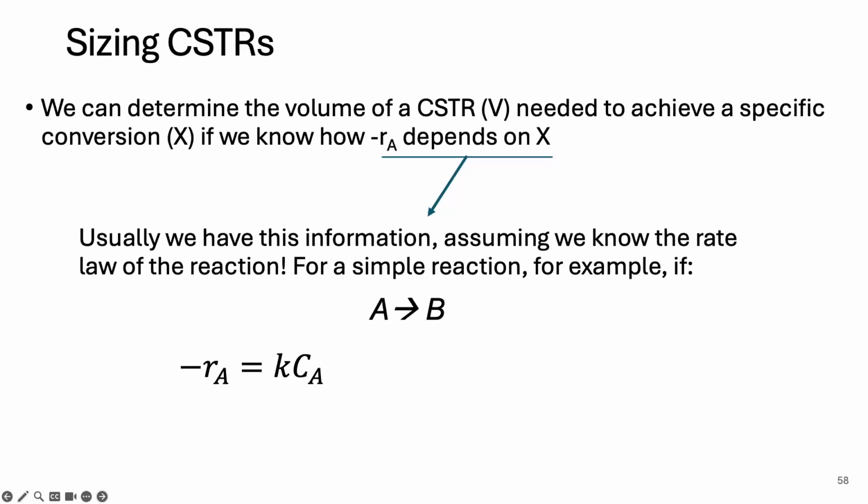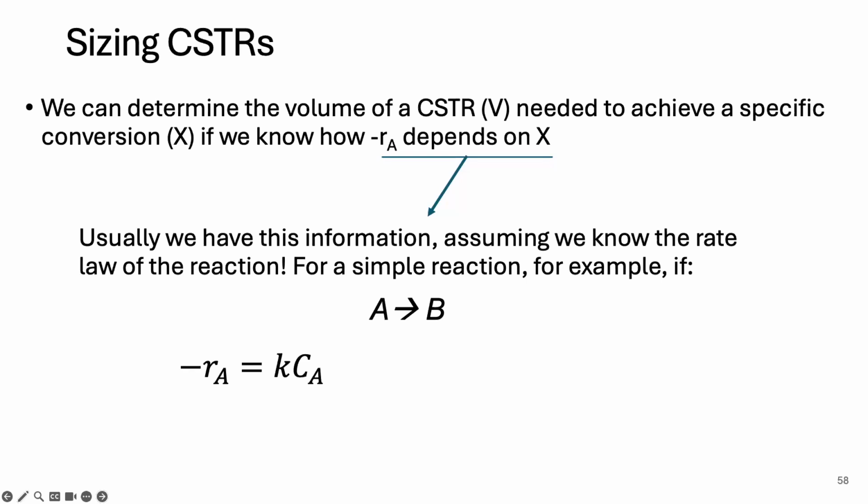So we said that one thing that we can use these relationships for is to determine the size of a reactor that would be necessary to achieve a certain performance criteria, such as a certain level of conversion. And we can do this, for example, with a CSTR, if we know how our reaction rate depends on conversion.